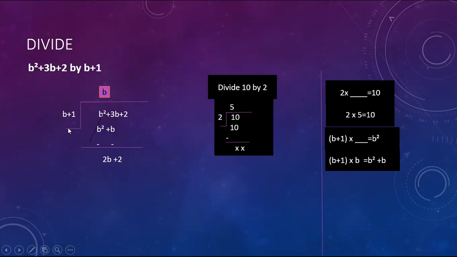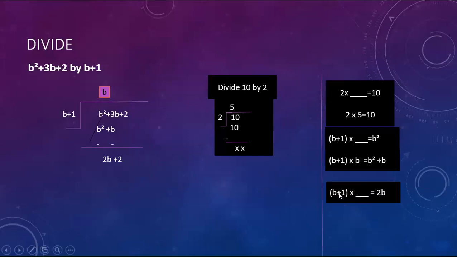Now step number 2: again we have to multiply b plus 1 with such a number to get 2b. If I multiply this b with plus 2, I can get 2b. Just like b ones are b, b into 2 is 2b.